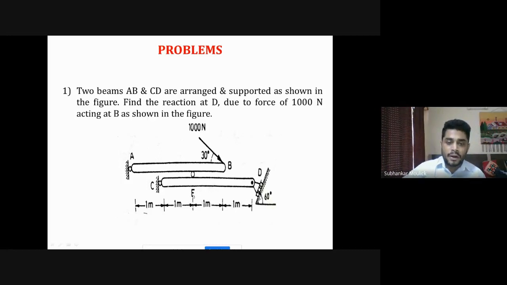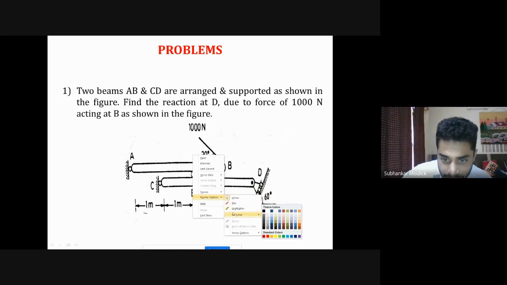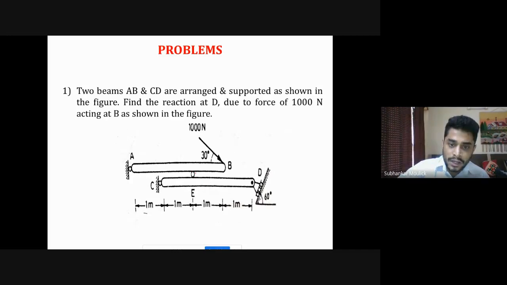What will be the free body diagram? Now this time, this roller will give support to this beam CD in downward direction through point E like this. This will be the direction of RE.